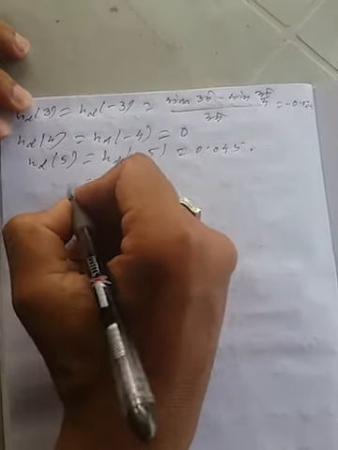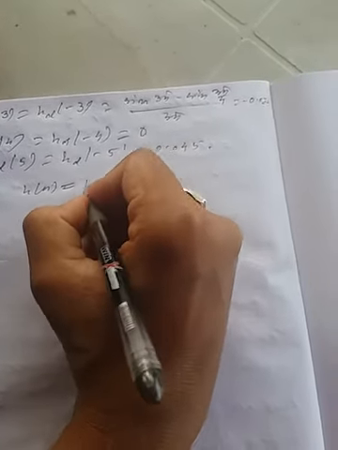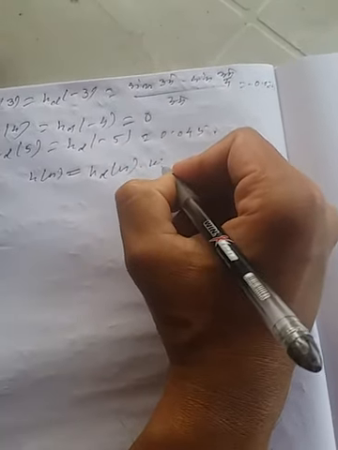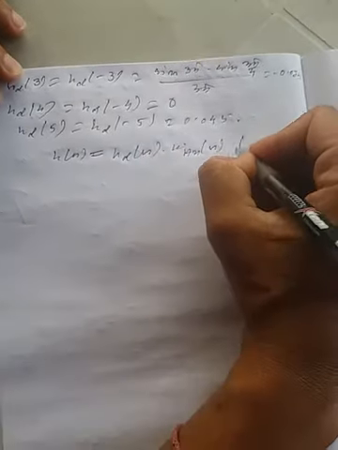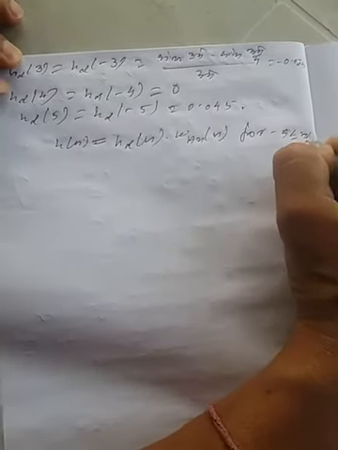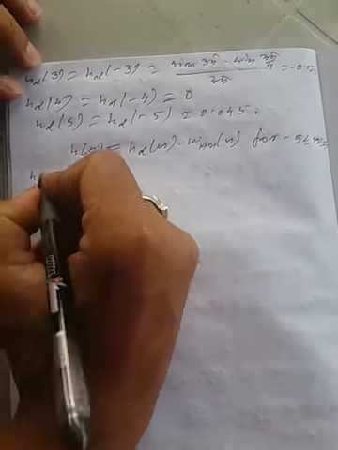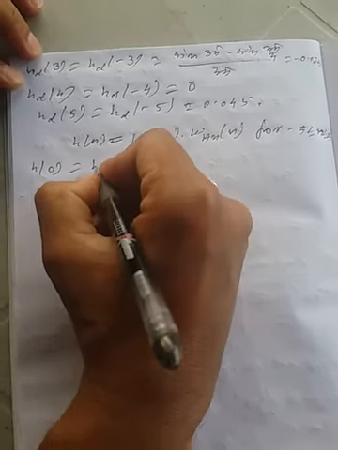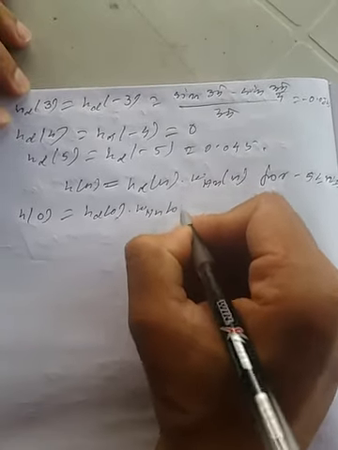Okay, now the filter coefficients using the Hanning window. Finally we get Hn after multiplying HD(n) with the Hanning window, that is Whn(n), for −5 ≤ n ≤ 5. Now the filter coefficients will be: H(0) will be equal to HD(0) into Whn(0).